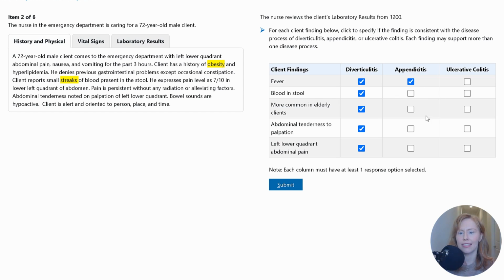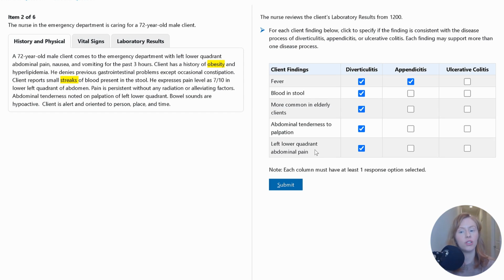Appendicitis is probably one of the more feared acute problems of the GI tract in young people, right? This is something that we really commonly see in children, teenagers, adolescents, and young adults. So no, this is not more common in elderly clients. It's more common in young clients. Because this is in the right lower quadrant, and diverticulitis can look really similar in the left lower quadrant, diverticulitis is sometimes called a left-sided appendicitis for that reason.